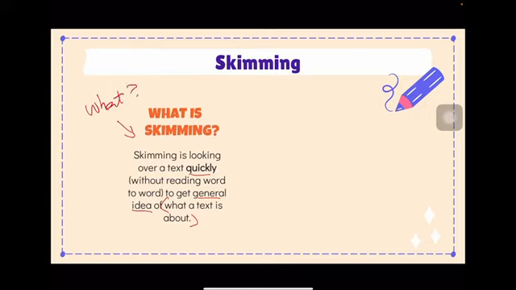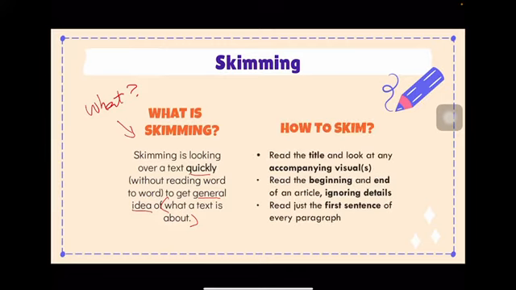That is to get the general idea. How to do skimming? You first have to read the title or the accompanying visual, if there is any. The title will usually tell you what that particular article or text is about.